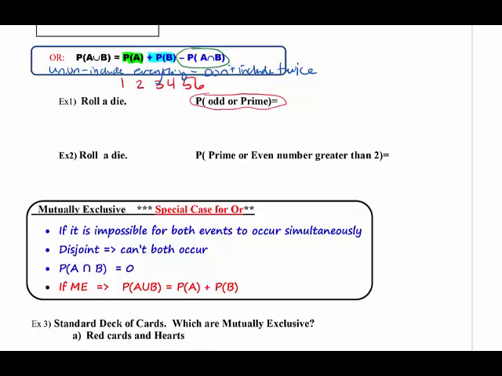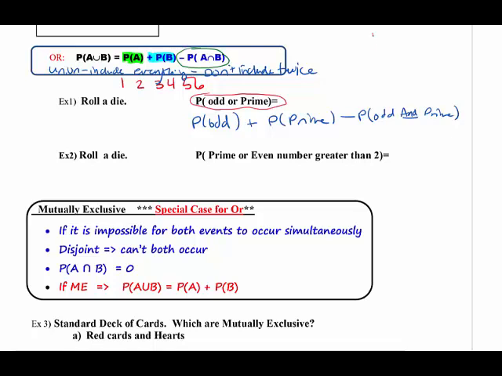So I'm going to use the formula. It's probability that it's odd plus probability that it's prime minus if I can get both, so odd and prime.